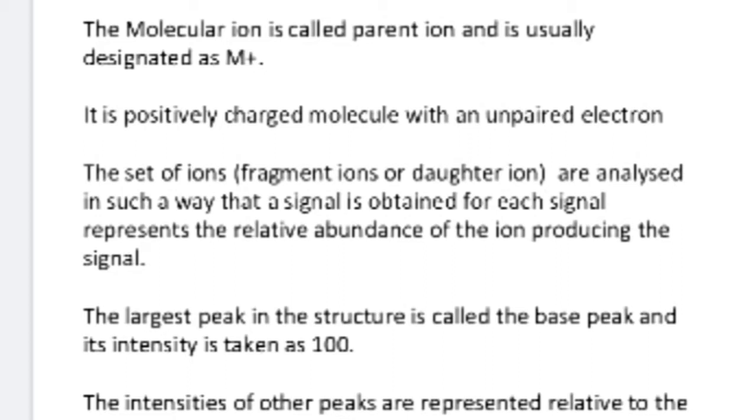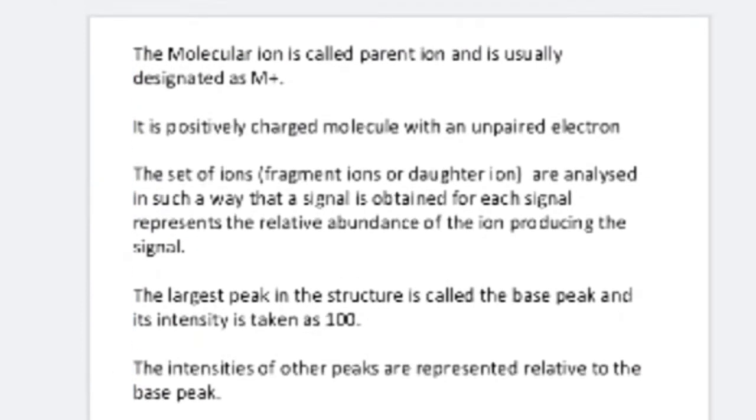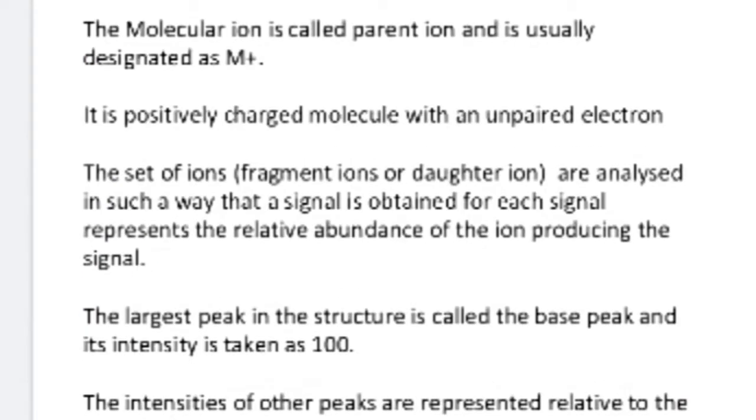The set of fragment ions or daughter ions are analyzed in such a way that a signal is obtained for each ion, and each signal represents the relative abundance of the ion producing the signal.